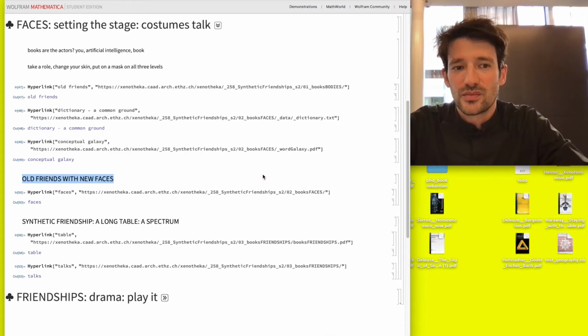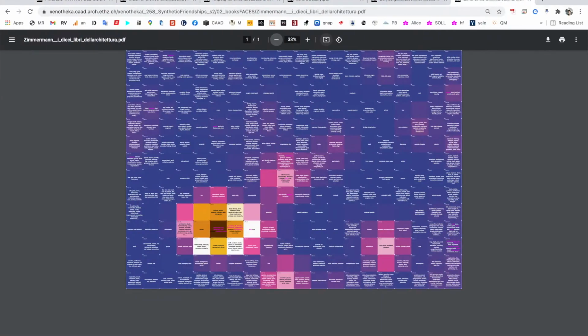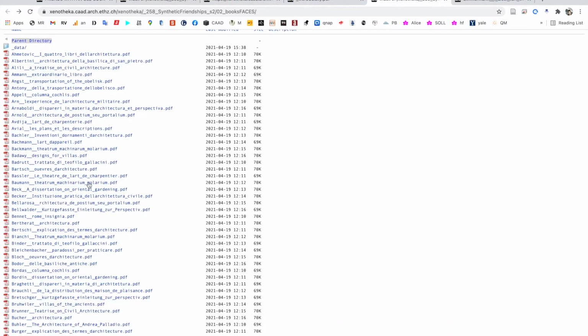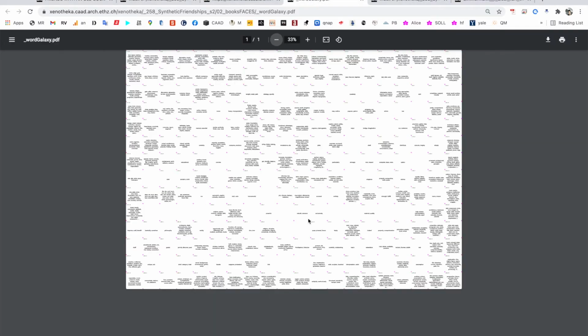And once we have those faces, what we want to do is we want to invite the books to a party. So we want to create these synthetic friendships. So it's a long table, it's a spectrum where we invite all of you, but we arrange the table. So the artificial intelligence arranges the table in a way how these words are arranged.